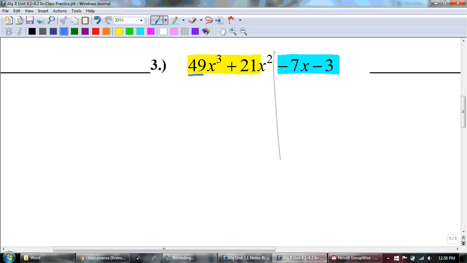So the GCF of the front group, good, we can take out a 7 between both of those, and the lowest variable between the two is the x squared. So the 7x squared comes out front. 49 divided by 7 is 7. x cubed divided by x squared is x. 21 divided by 7 is 3, and then the x's cancel.